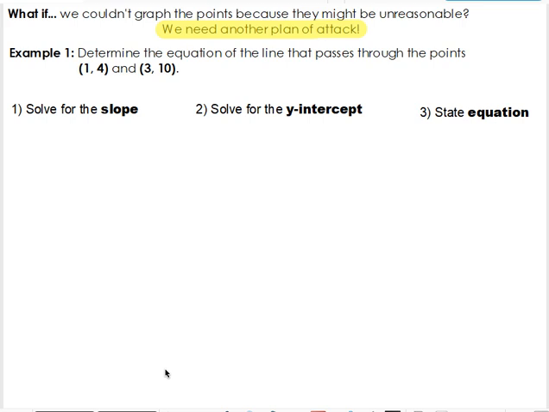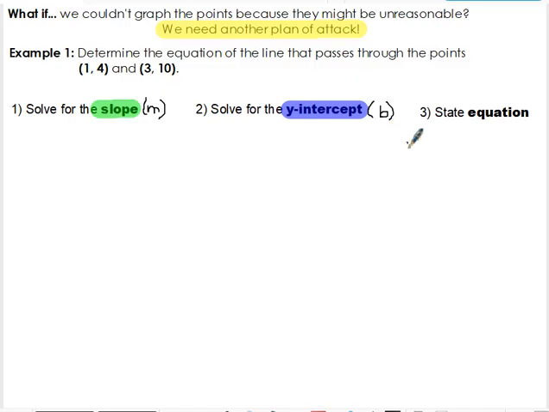Now, as we know, when we're talking about the equation of the line, we need two very important pieces of information. First, we need the slope, and we also need the y-intercept. That's basically our value of m for slope and our value of b for the y-intercept.